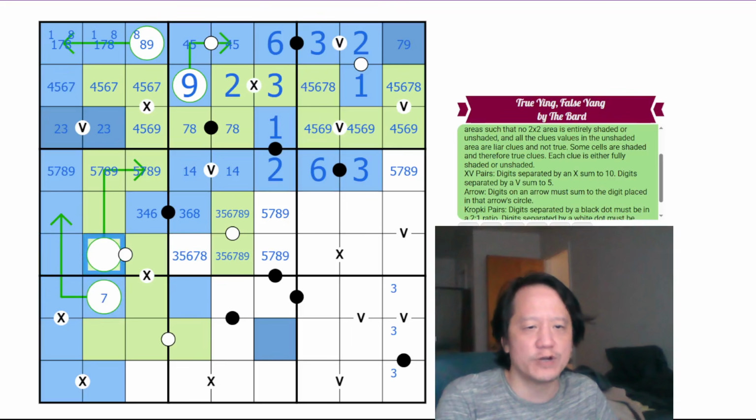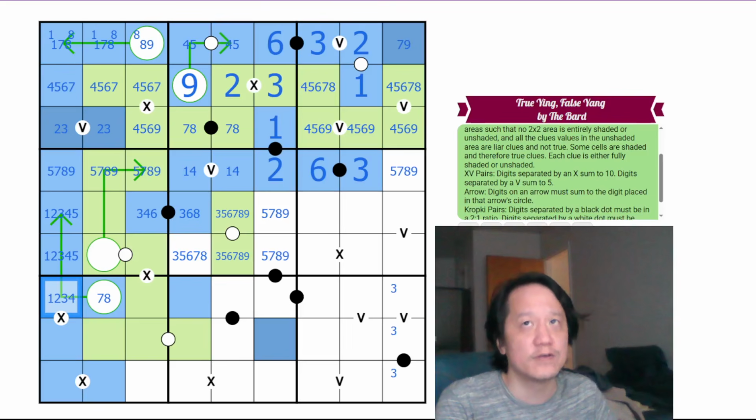Could be 1, 2, 4 adding up to 7. Could be 1, 2, 5 or 1, 3, 4 adding up to 8, I should say. This can't be 5 because 5 can never add up with a different digit to add up to 10.